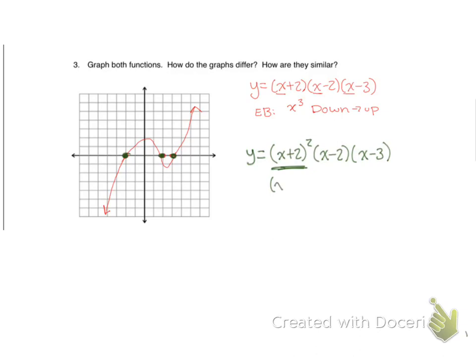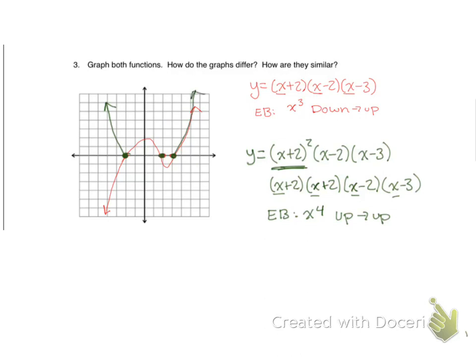Remember this one, you can write this twice. Okay, multiply all of your first terms. What's x times x times x times x? That's x to the 4th, and you should recognize that that's an up end behavior. So here, this graph is going to be going up, going up.